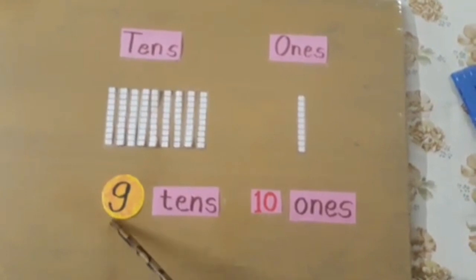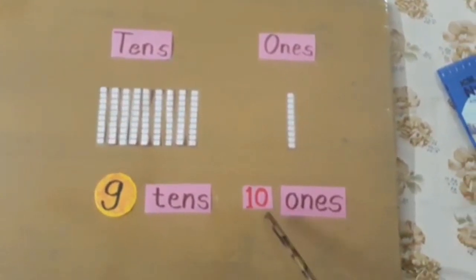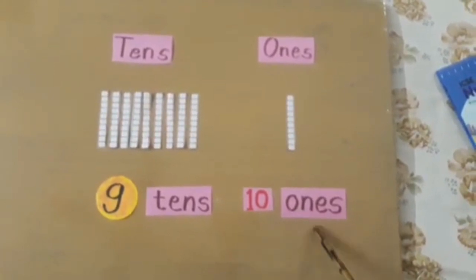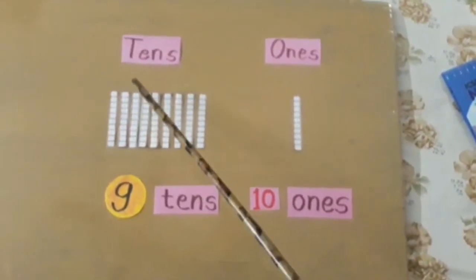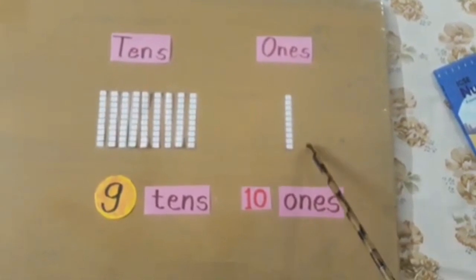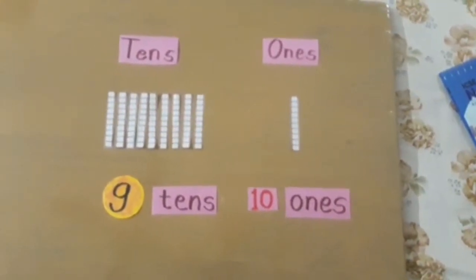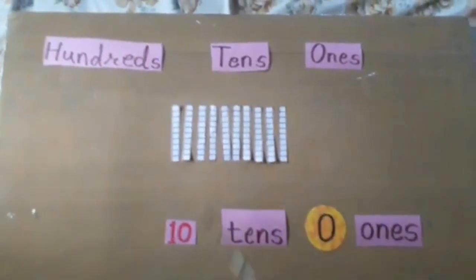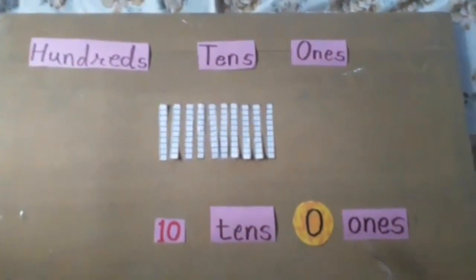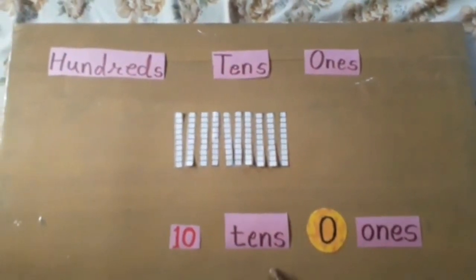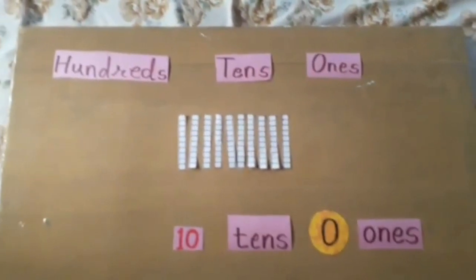So it has become 9 tens and 10 ones. As we know, 10 ones means 1 ten. So we shift this 10 strip into the tens column. Now it will become 10 tens, 0 ones. As we know, 10 tens means we write 100.